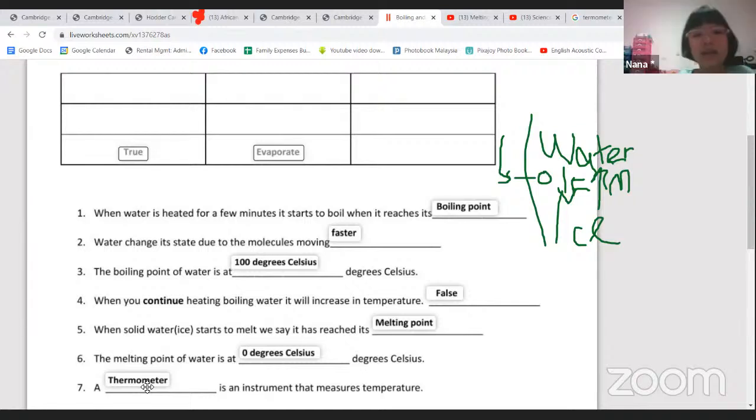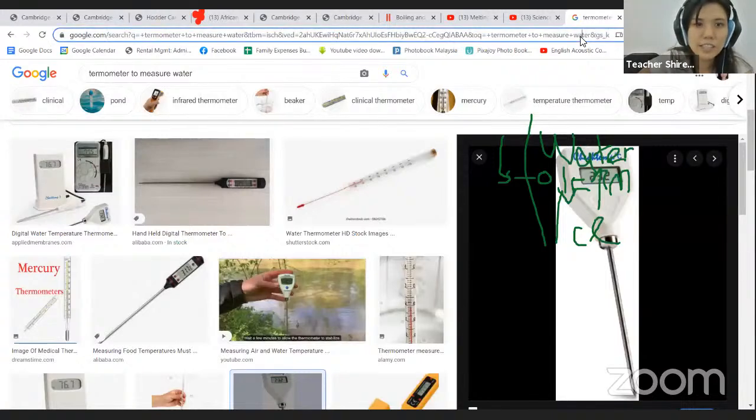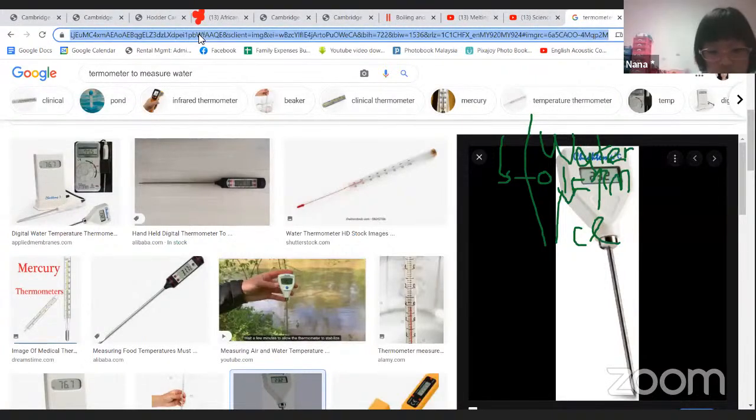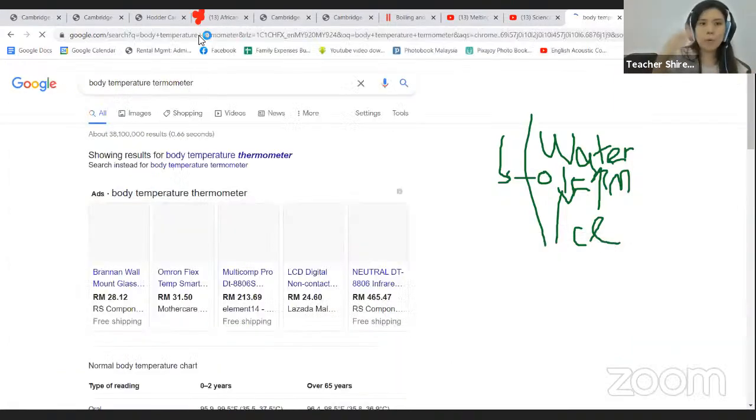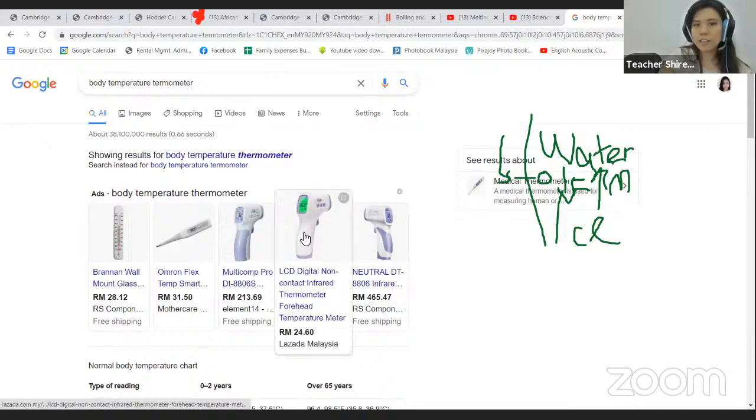My thermometer shows the number and it has color. Some of them have color and sound as well. Body temperature thermometer, it just shows our body temperature. Some show green color, which means your body temperature is normal. Red color means that we are having fever. So when it's green, definitely we are fine, right?